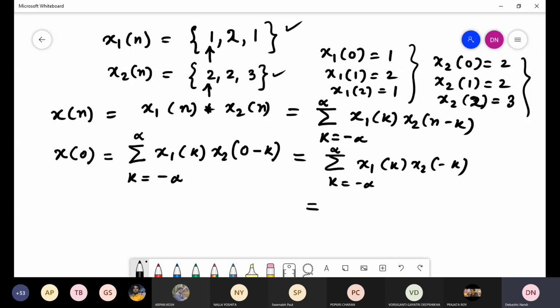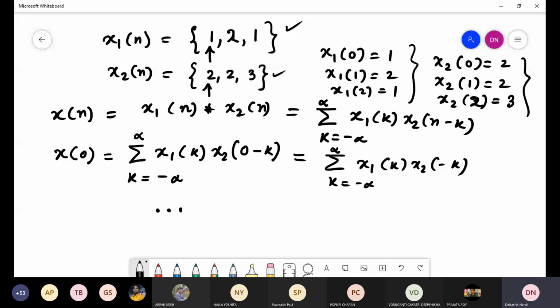Suppose k is equal to 0. K is equal to minus 1 means x1 of minus 1 and x2 of 1. If you expand this, let me write it from here, then it will be clear. I want to start from k equal to minus 1, because for k less than minus 1 it will always be 0. I will tell you why.